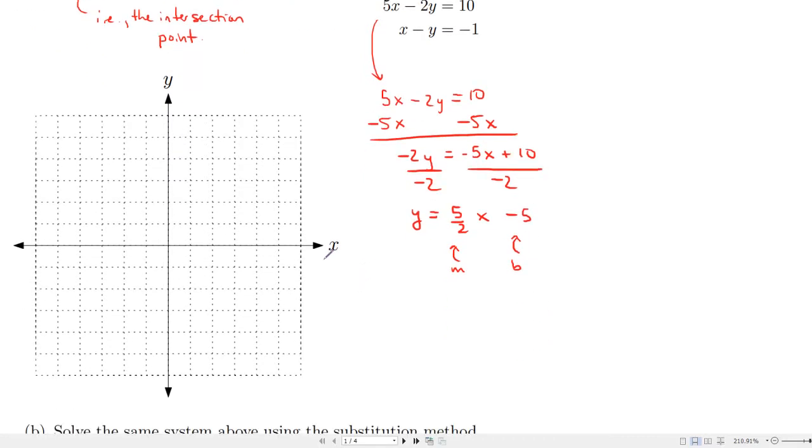So we can graph that. So b is negative 5, 1, 2, 3, 4, 5. So at negative 5. And the rise is 5, so positive 5, and the run is 2, and so we will go through this point.